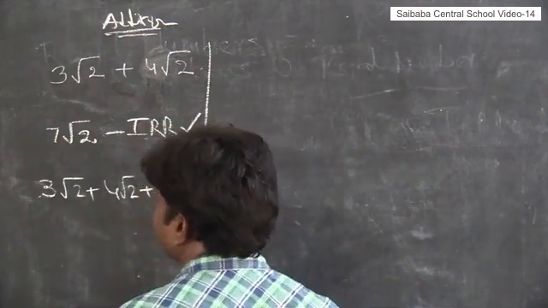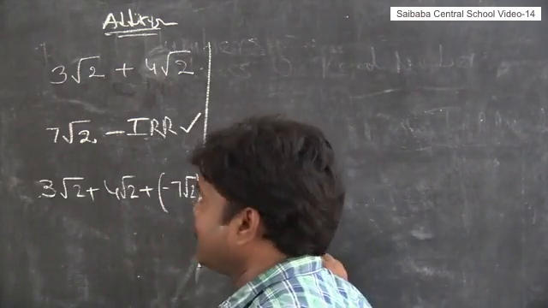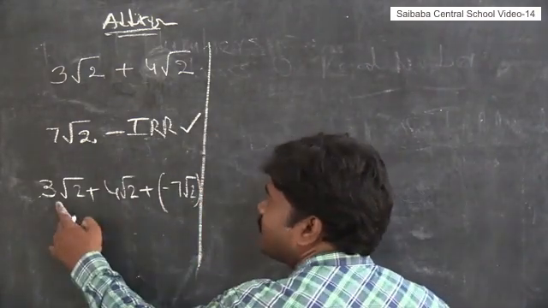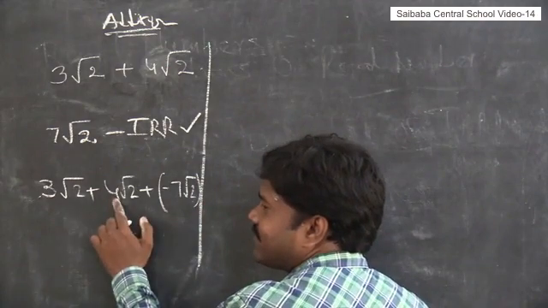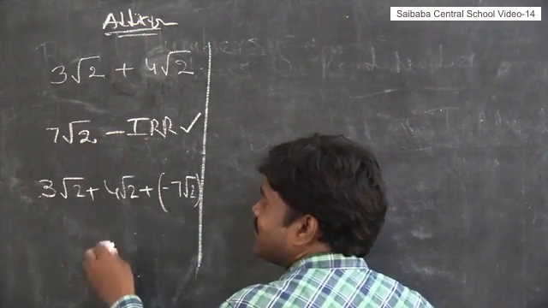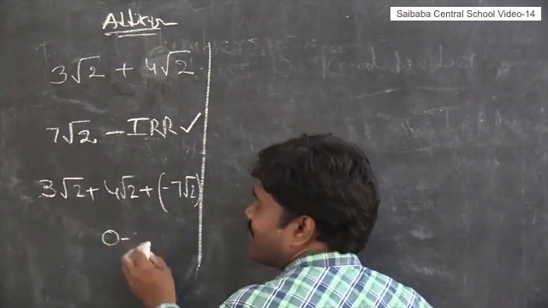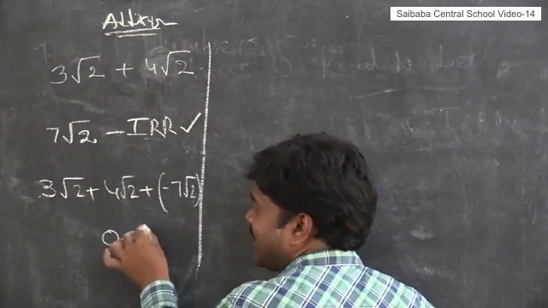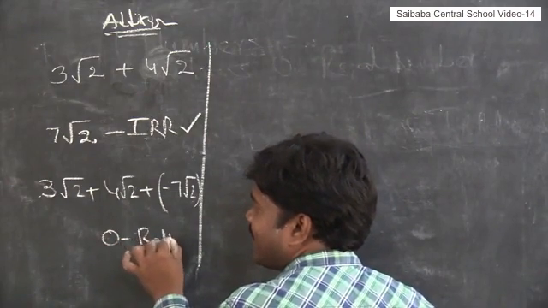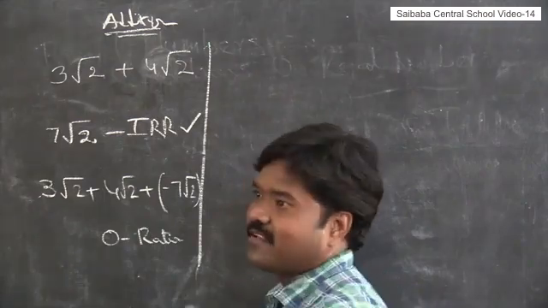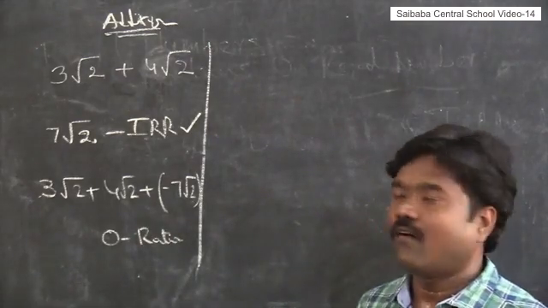What type of number is it? Then 3 root 2 plus 4 root 2, 3 plus 4, 7 root 2. 7 root 2 minus 7 root 2, that is 0. What type of number is it? Then this is a rational number. From this we can get like this, all these.